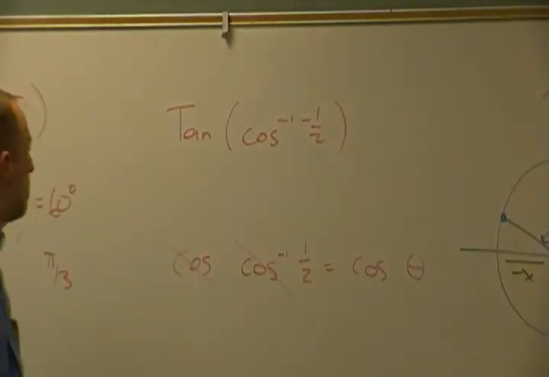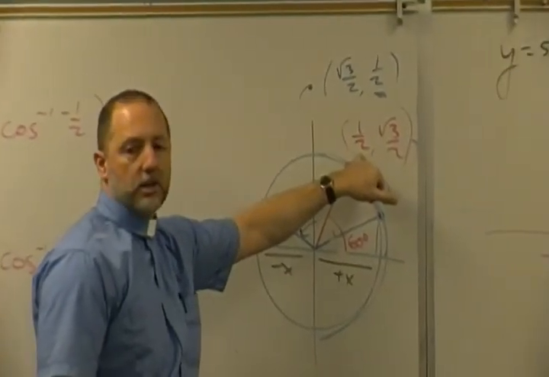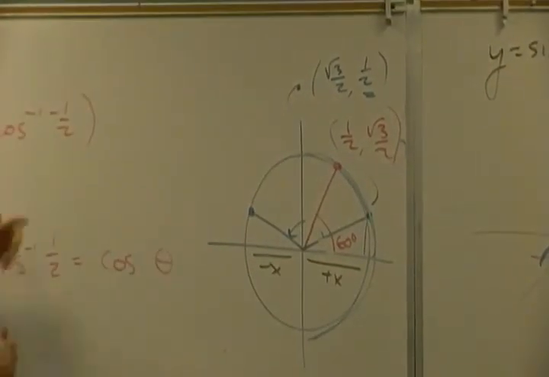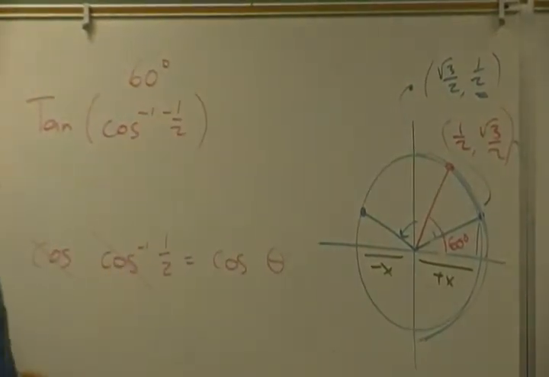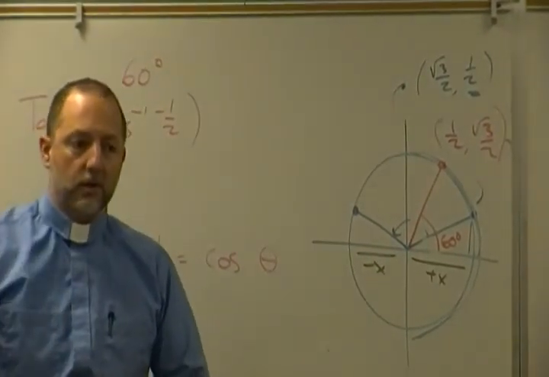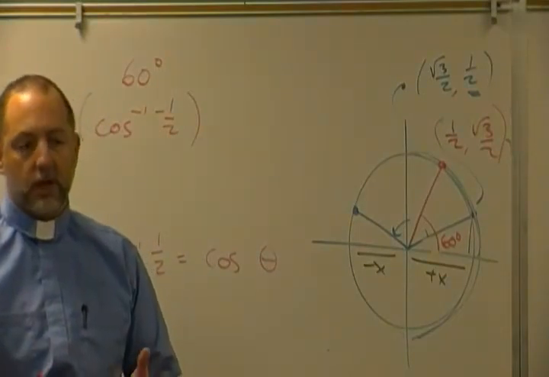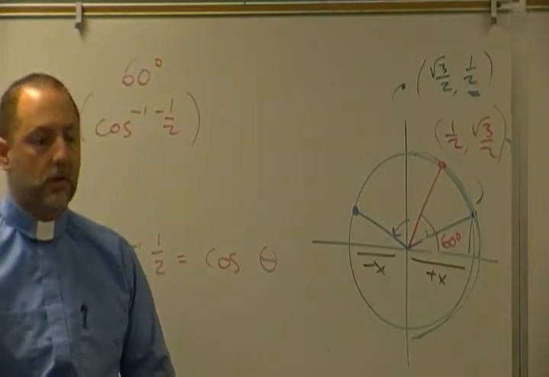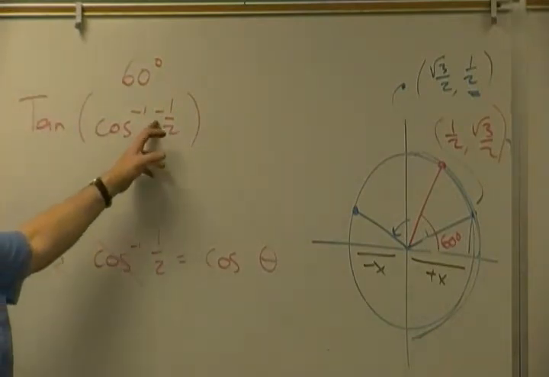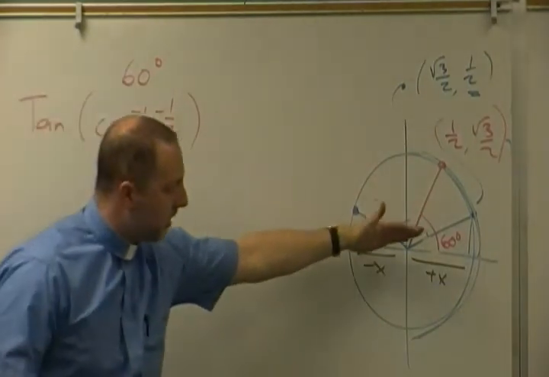Again, the answer is 60 degrees. If we look up here, our cosine value at 60 degrees is a half. So then this simplifies to 60 degrees. Then the question is, what is tangent of 60 degrees? Oh, I'm sorry. We did negative a half. Thank you, Josh. So this wouldn't be 60 degrees. It would be 300.